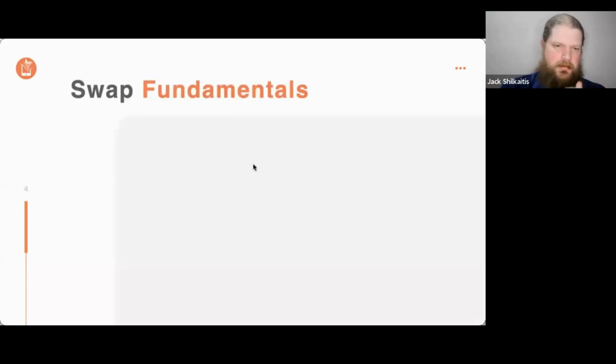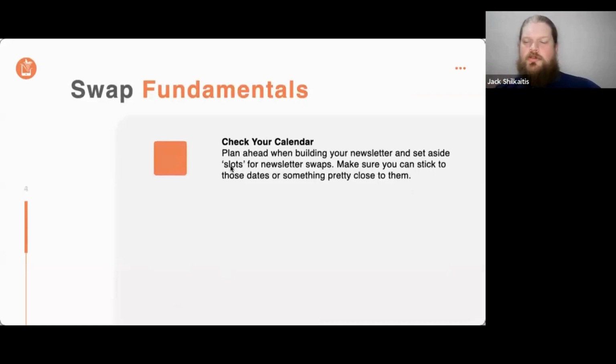So some of the fundamentals here of swaps, to get some of these basic ideas out of the way. First, you want to make sure you plan ahead when you're building your newsletter and set aside slots for newsletter swaps. You're going to have to share these on specific dates, right? You're going to promise to the author, I'm going to share it on this date, that sort of thing.